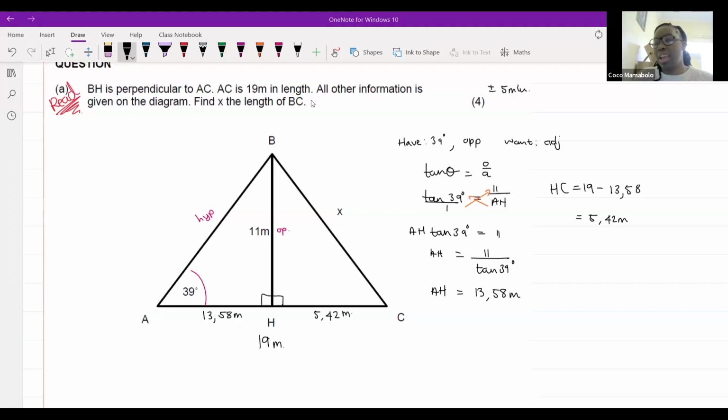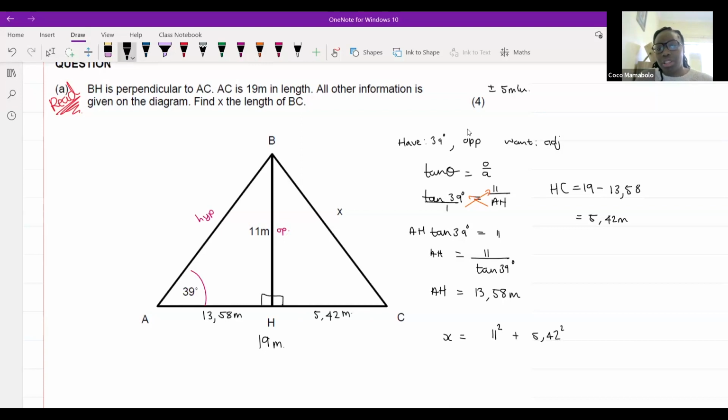I don't have an angle, so I know that I can't use trig here. But I know that I've got 2 sides. I've got the opposite side over here, and I've got the adjacent side to C over here. I know that I can use Pythag. So I'm going to use Pythag to then find X. X squared is equal to 11 squared plus 5.42 squared.